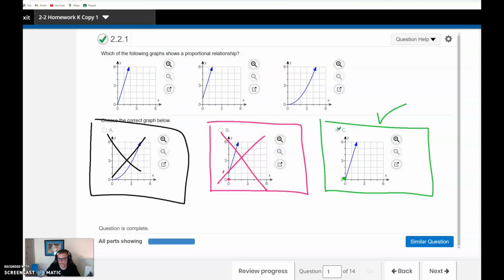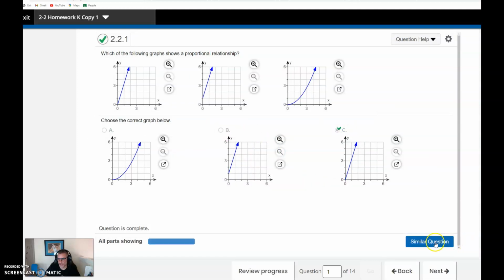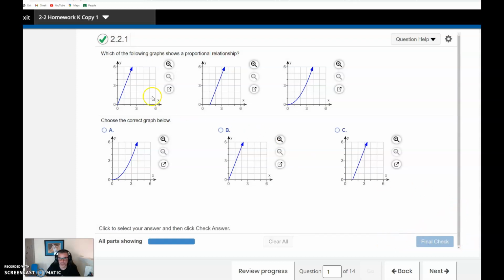I'm gonna do another example. Similar question, right? Look at these 3. And again, you get really good at this. No, it's curved. Boom. Yes, straight line goes through the origin. There it is. It's a straight line, doesn't go through the origin.